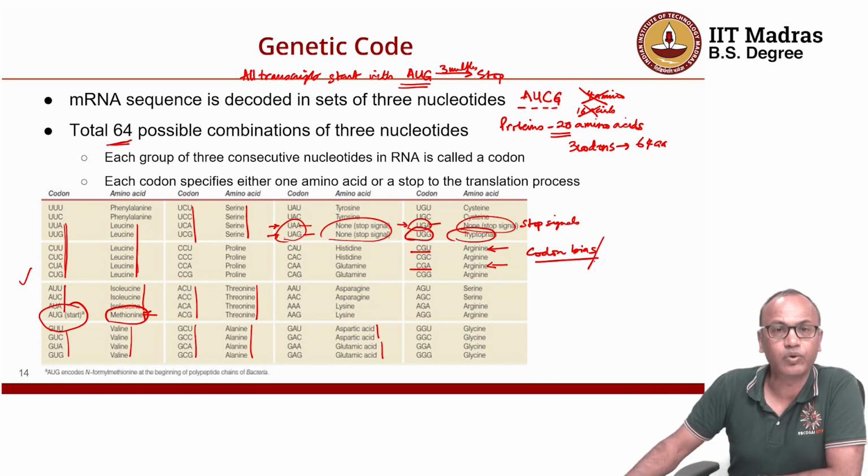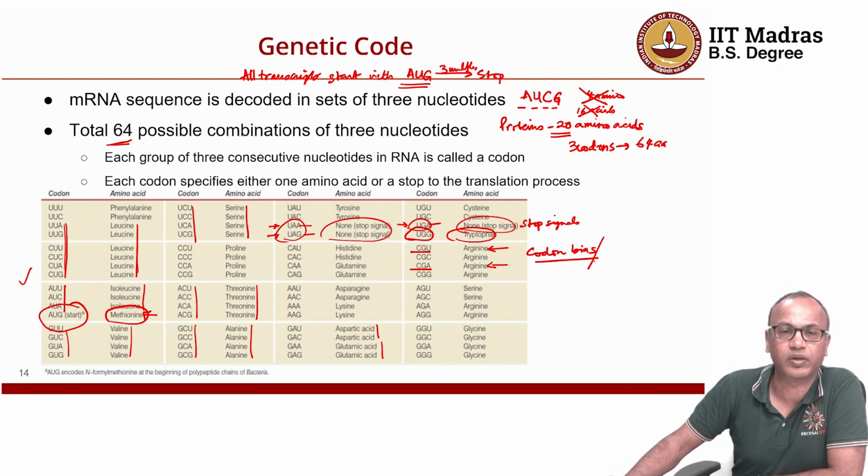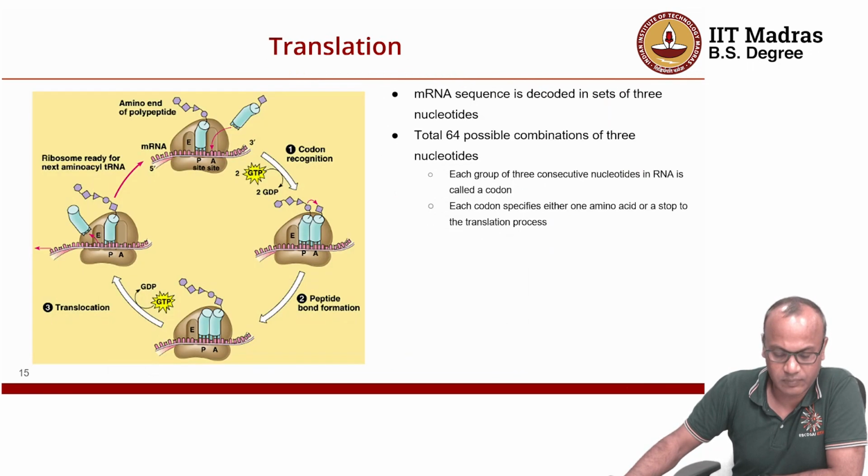So now that we know how mRNA can be read in multiples of 3 to create a sequence of amino acids, who does the reading? Which protein or complex of proteins is involved in making this process happen? That means reading the RNA code and producing the amino acid chain.